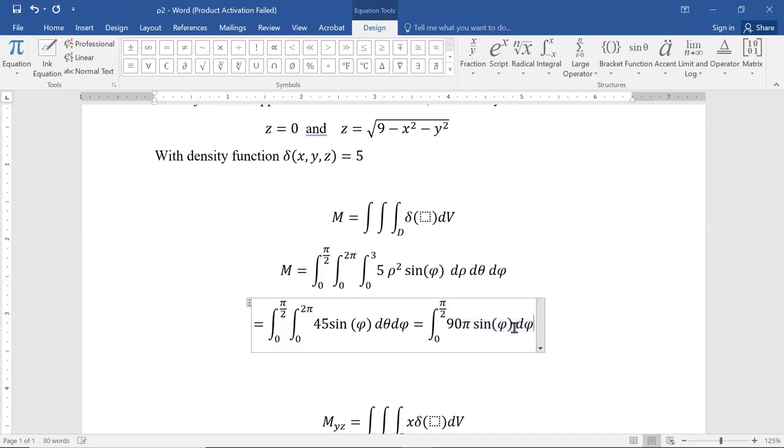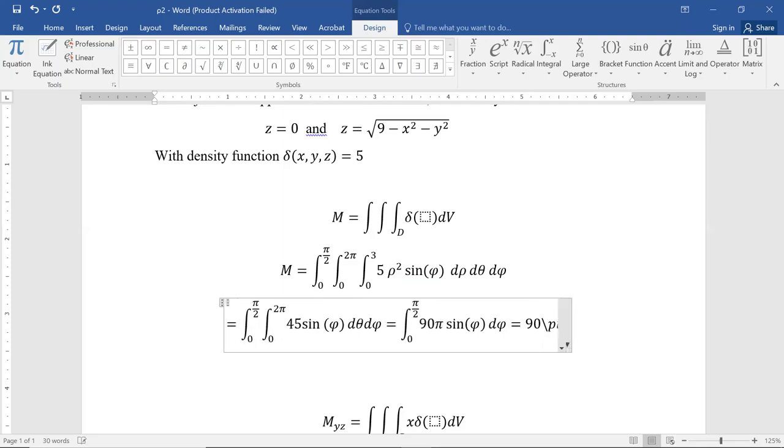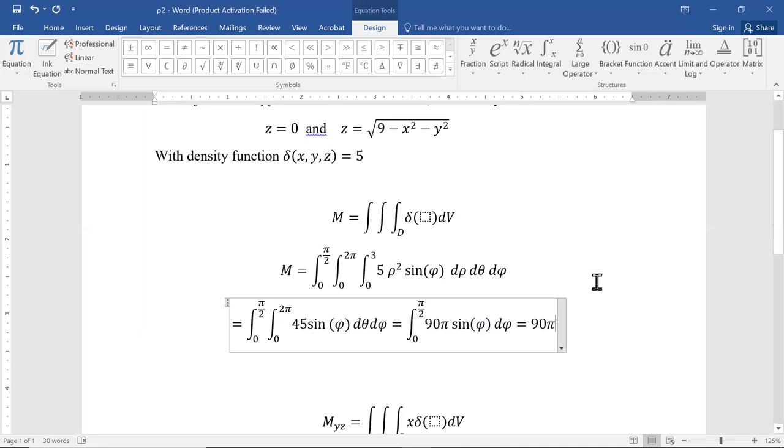And if you integrate sine from 0 to pi over 2, you just get a 1. And therefore, since 90 pi is constant, you just get 90 times pi. So that's the idea in finding the mass, okay?